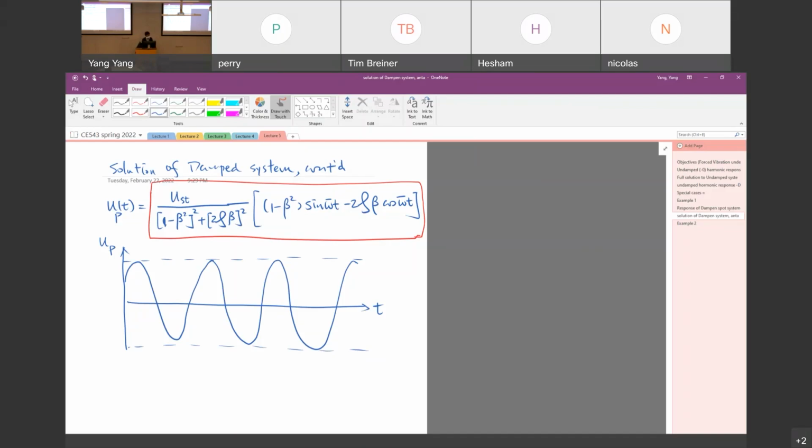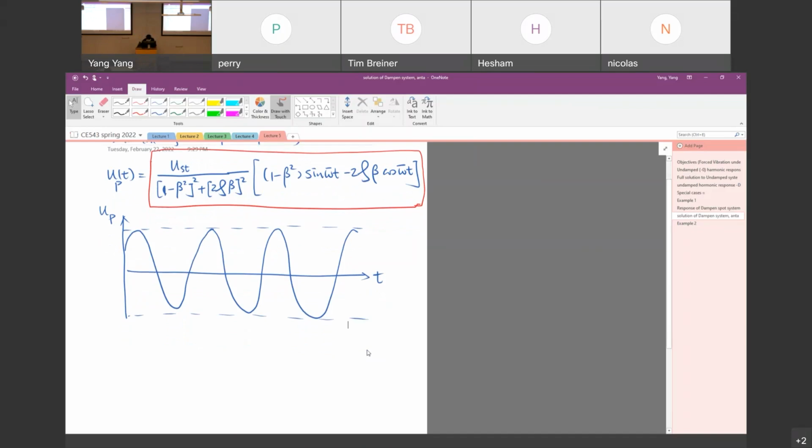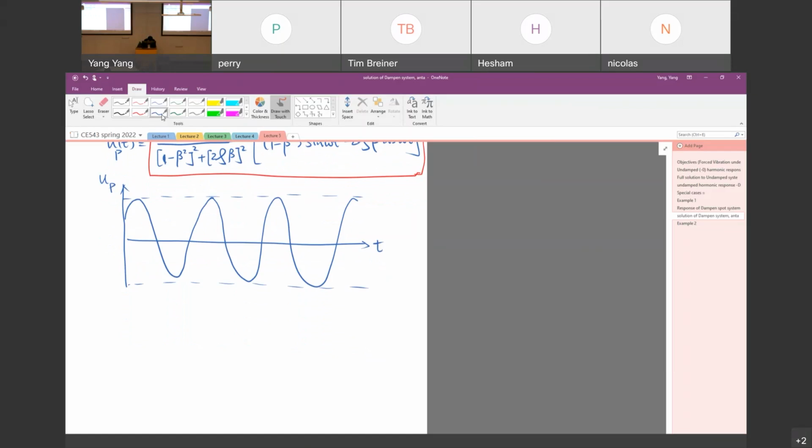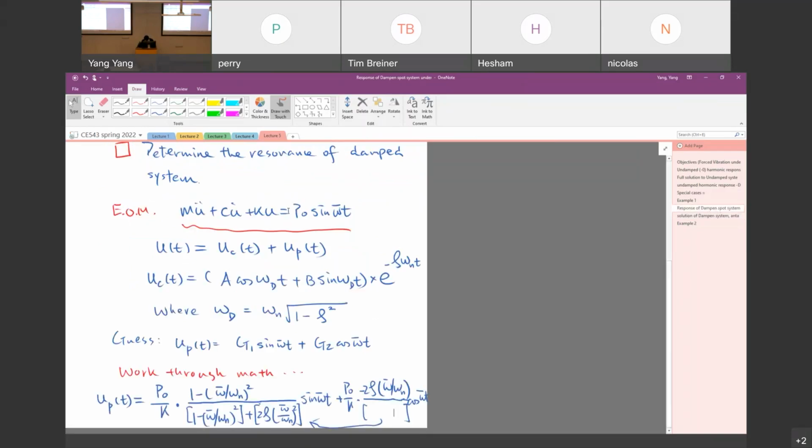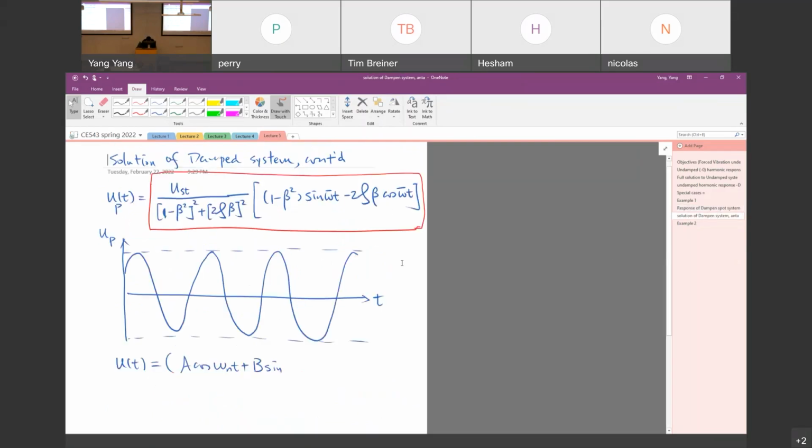We can also combine the general solution and the particular solution to get the full solution. The full solution is equal to e to the minus zeta omega t times a sine omega d t, plus the particular part.